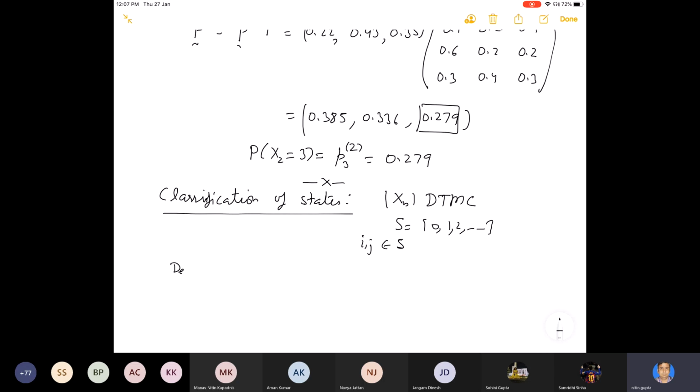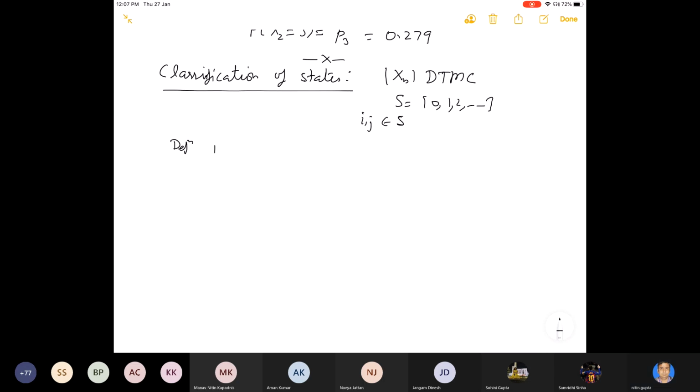We say that state j is accessible from i.